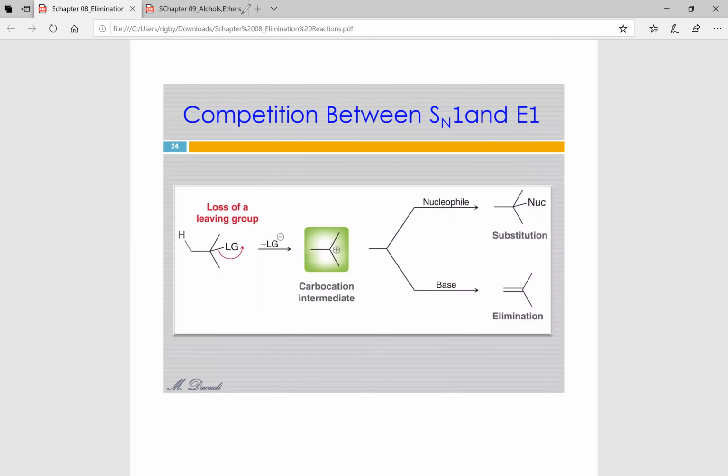SN1 and E1 both form a carbocation intermediate, and thus they will both occur using that weak nucleophile, weak base. And so we're always going to have SN1 and E1 occurring simultaneously. So if we're doing something like a synthesis in the lab, using E1 or SN1 is probably less ideal than using a different type of reaction like SN2 or E2. Okay?